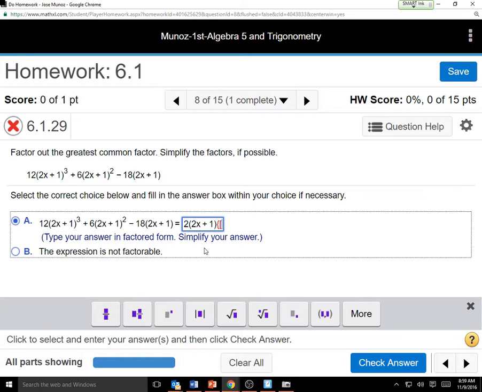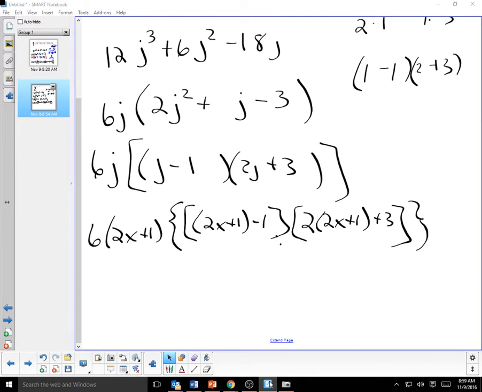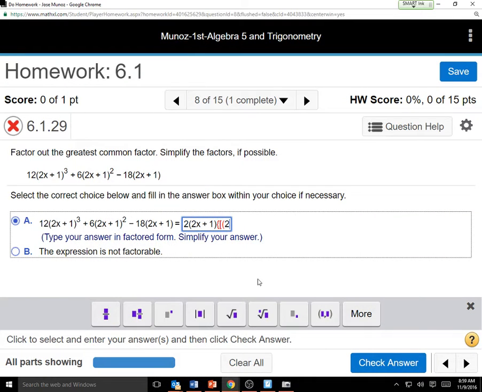Parentheses? Why is there 2 brackets? No, it's a brace and then a bracket. Oh, okay. And then it should be 2x plus 1. 2x plus 1, close parenthesis. Minus 1. Close bracket. Open bracket.